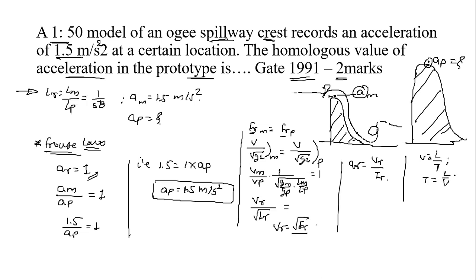L by V, means length scale ratio divided by velocity scale ratio, isn't it? देखो जो मैंने लिखा है यहाँ पे, टाइम स्केल रेशियो will be Lr by Vr. Okay, then Vr is root Lr, so Tr is equal to Lr divided by root Lr, means it will be equal to root of Lr.